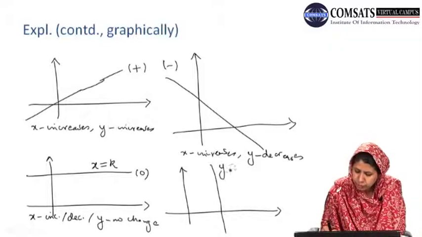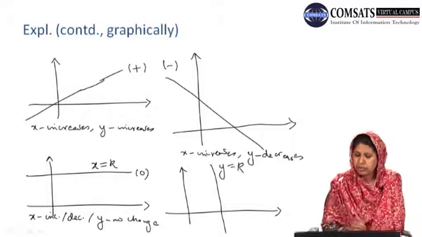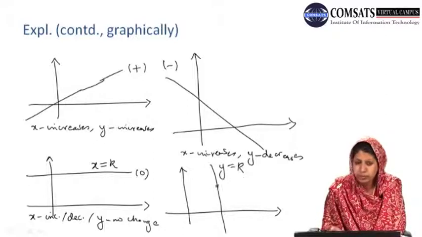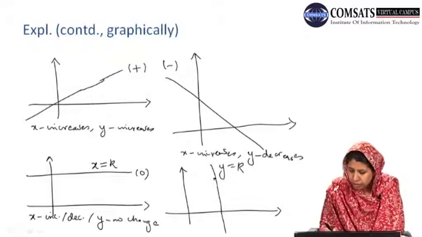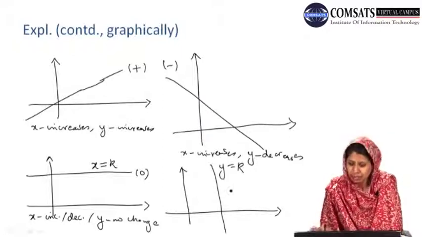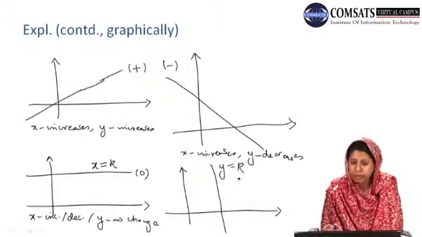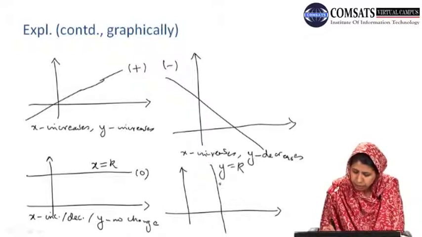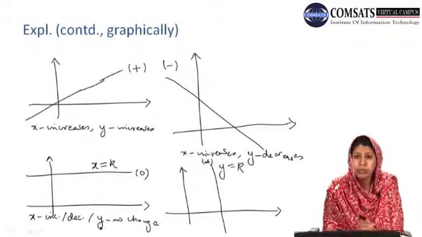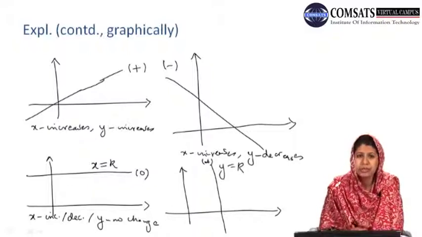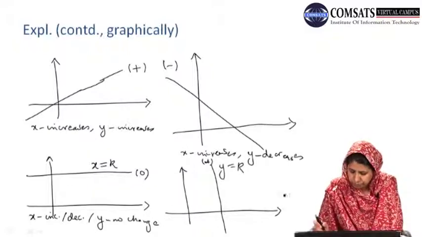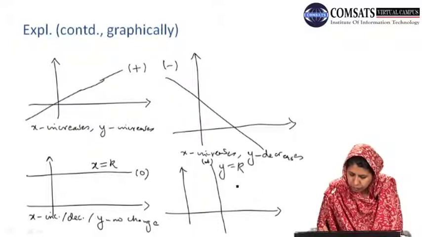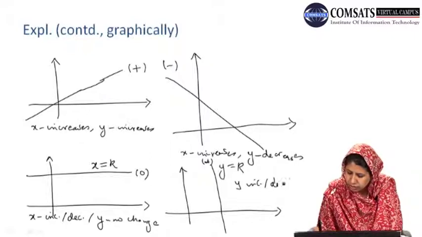These types of lines we have represented by equations y is equal to k, and there is no change in the value of x with respect to the value of y. So these vertical lines have undefined slope, and we denote it with the symbol infinity. And what conclusion do we have? That as the value of y increases or decreases, in the value of x, no change.